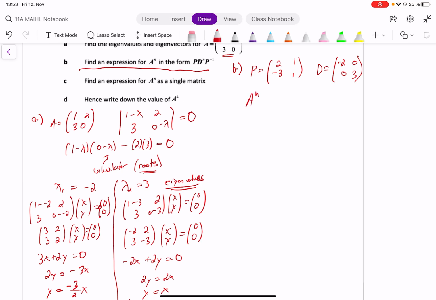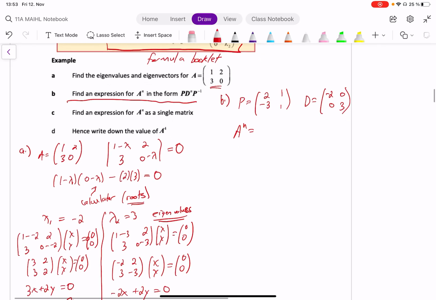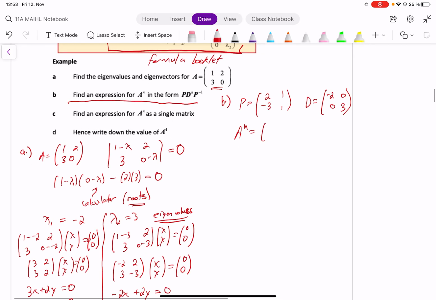So if I want to find A to the n, it's going to be P, which is 2, 1, -3, 1, times D to the n, which is -2, 0, 0, 3 to the n, times the inverse of this thing. So 2, 1, -3, 1, inverse.